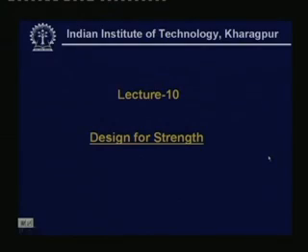Now, one thing is there: when we did some example problems, you have seen the condition of the stress at a point was equated with what? It was equated with the material property, mainly yield point stress for ductile material and ultimate strength stress for brittle material.